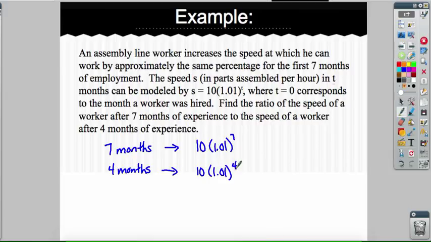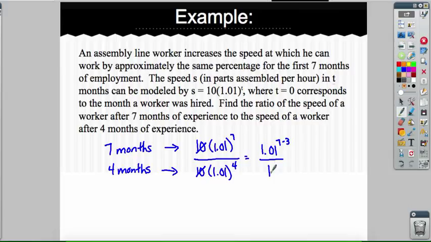And when we're looking at the ratio, we're making that as a fraction. And so the neat thing about this is, as I start to simplify here, I notice that the 10s right away are going to cancel. And all that's left is this 1.01, which is on the top and the bottom. So I know that I have the same base here for my exponents. And I'm going to go ahead and simplify this. So I would have 1.01 to the 7 minus 4 power.